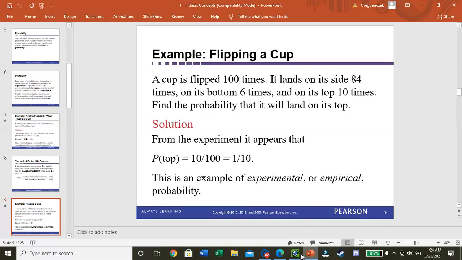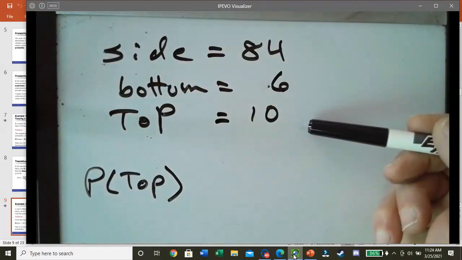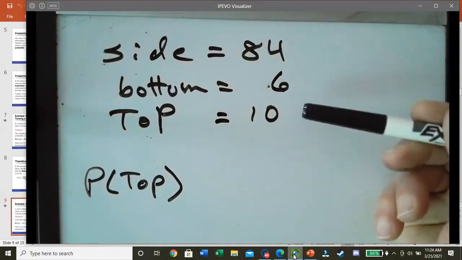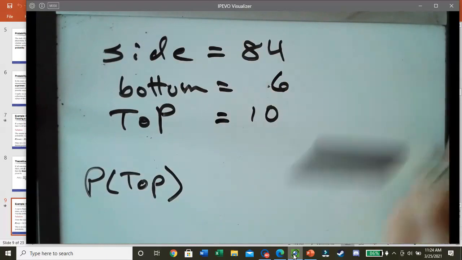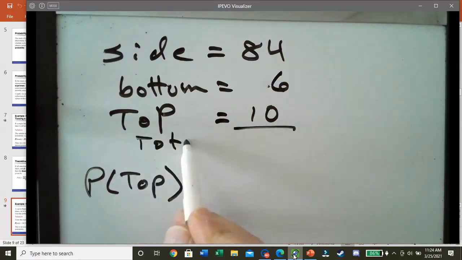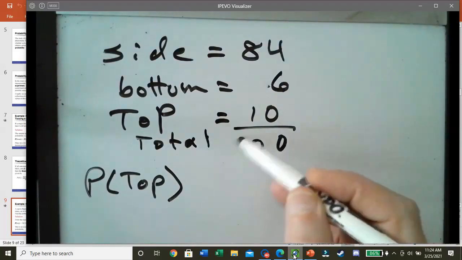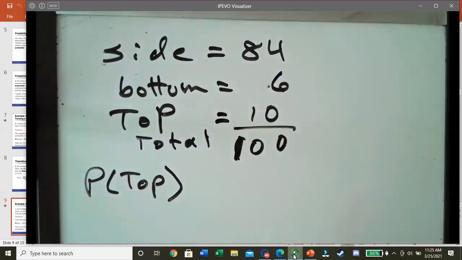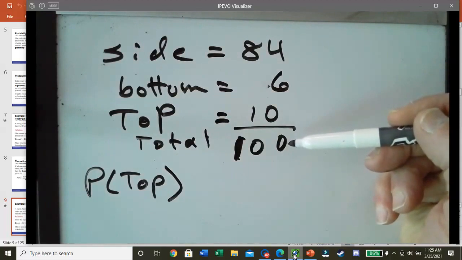Okay, so the way this works is you want to write out like a table here. So we said before that it landed inside 84 times, bottom 6 times, top. So you always, now they gave you the total, right, which is 100. Okay, now they're not always going to give you the total. This time they did. If they don't give you the total, you always have to figure out what the total is, because that's always going to be your denominator.